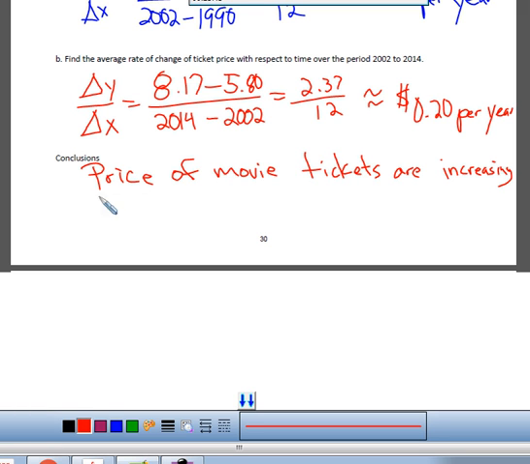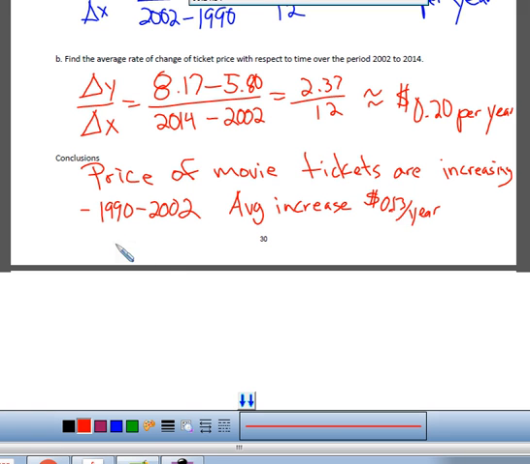So from 1990 to 2002, there was an average increase, and it was an increase because it was positive, of 13 cents per year.